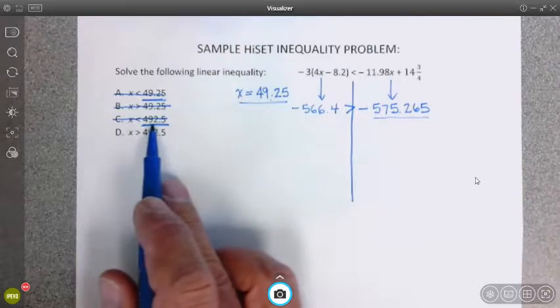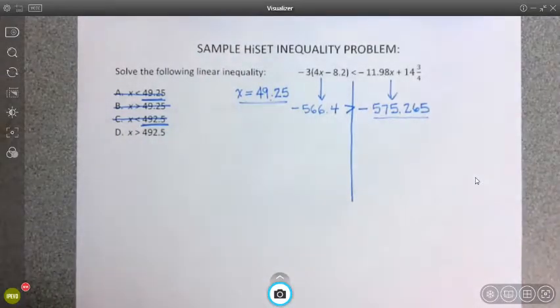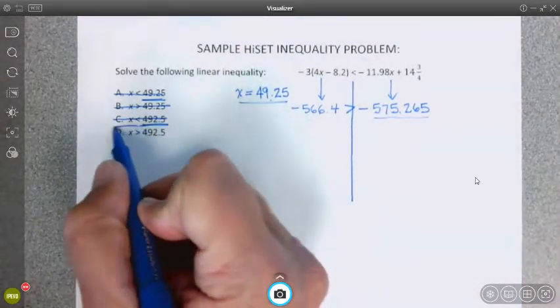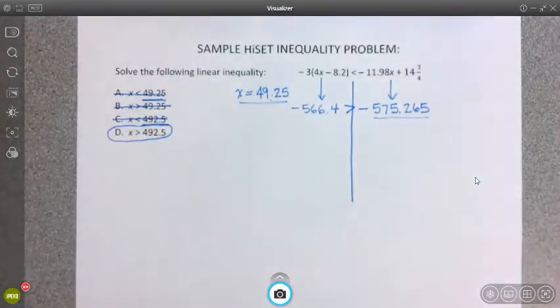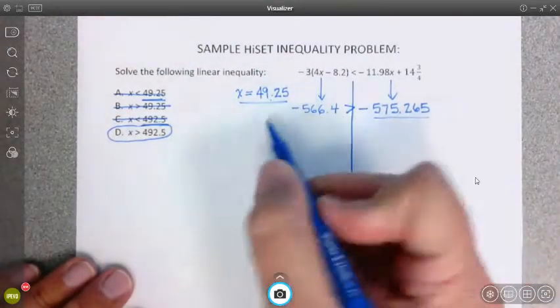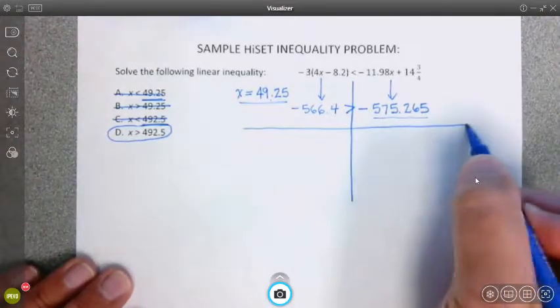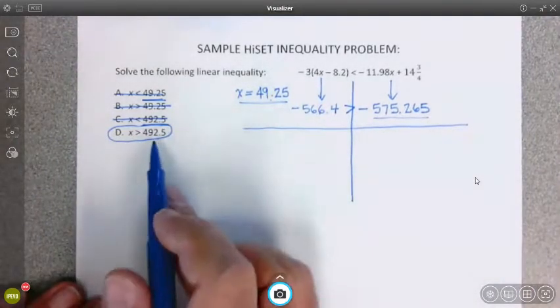So therefore it should have worked if that was an appropriate value. So at this point, I know that the answer is D, and I could quit right there and move on to the next problem. But since this is a teaching video, I want to make sure you see that this really does work.